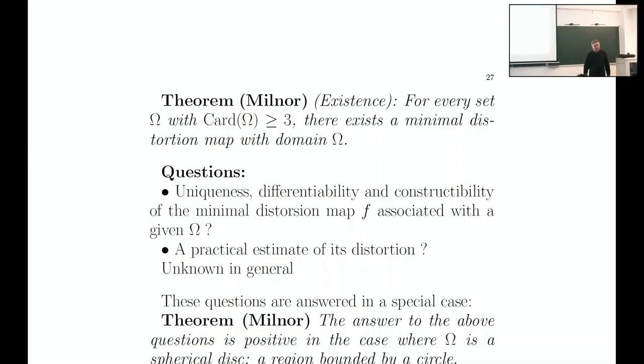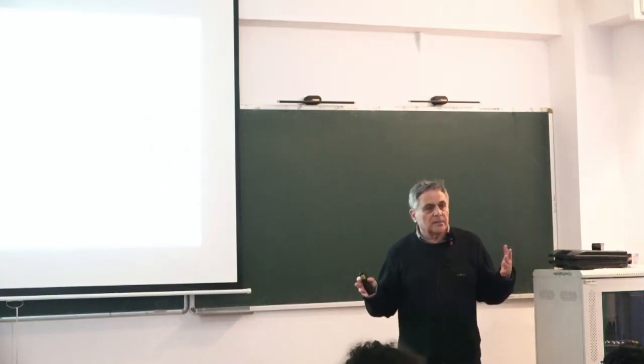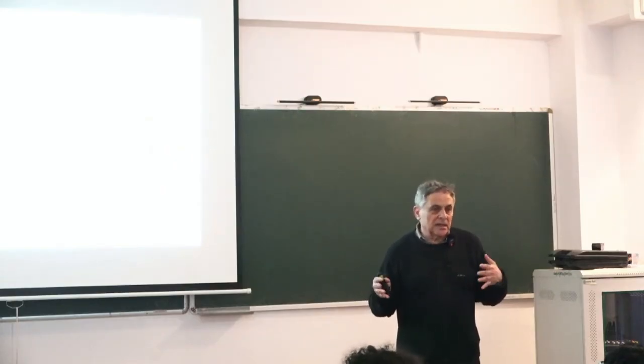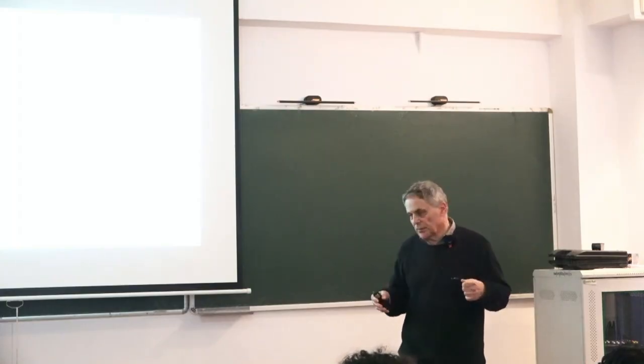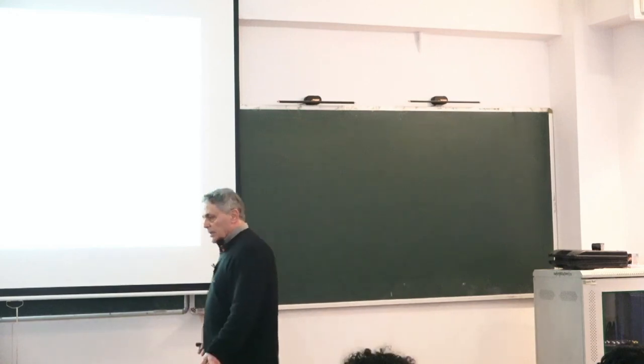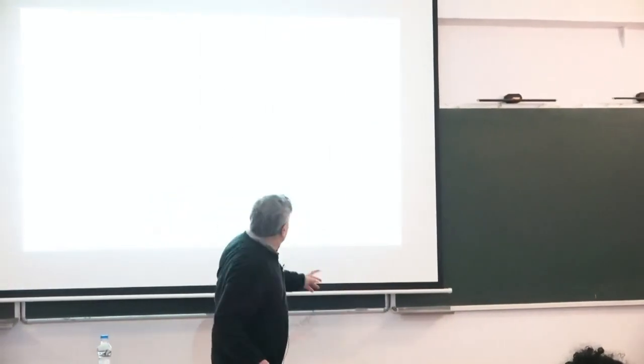Because if you take the map which contracts everything, or no, you want a map which is injective, at least. And I don't think there is a theorem which tells you that a minimal distortion map exists. Okay. And this is, I think, here it's.